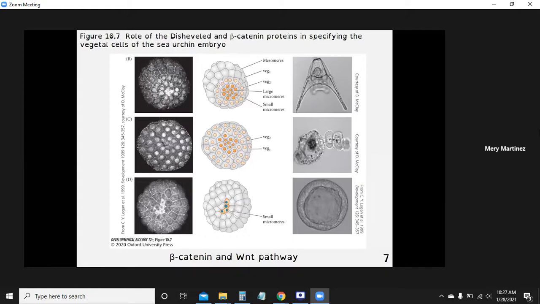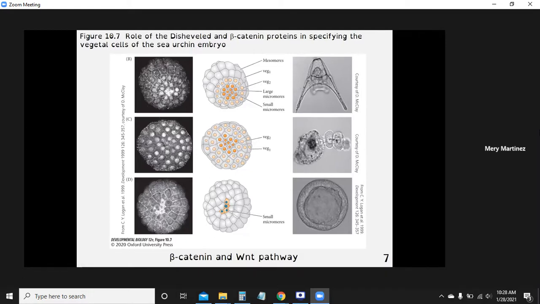And normally, the vegetal cells are going to have something that will degrade beta-catenin. So by surrounding this section over here, we want to prevent that degradation of beta-catenin in there. So beta-catenin specifies the micromeres.